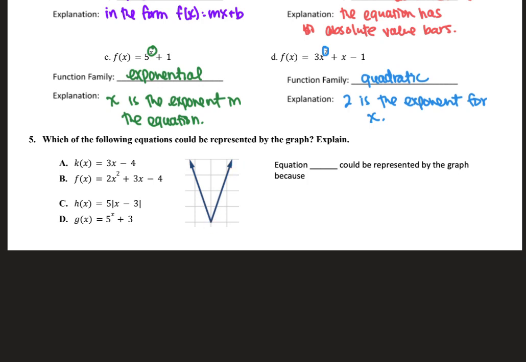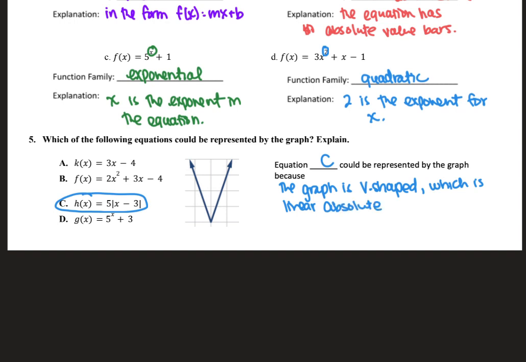For linear absolute value, we need to find the equation that has the absolute value bars, which is going to be graph C. So equation C could be represented by the graph because the graph is V-shaped, which is linear absolute value, and equation C has absolute value bars.